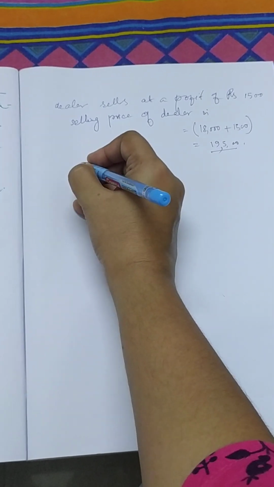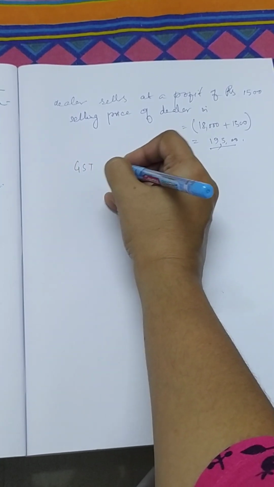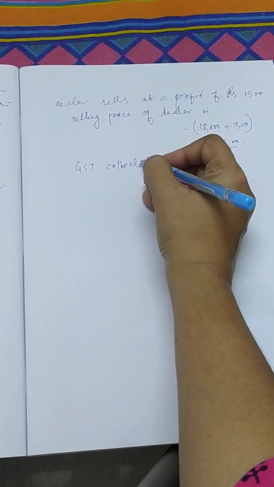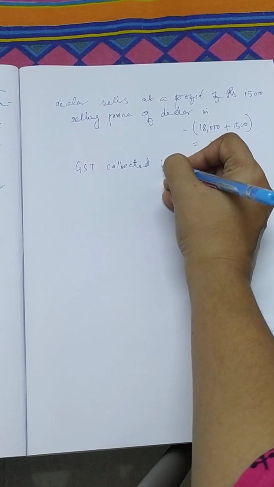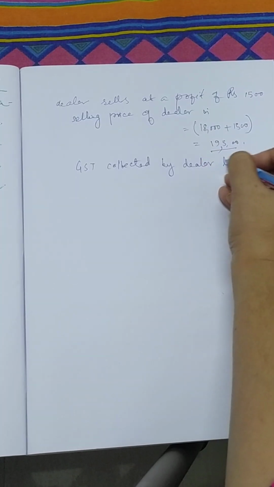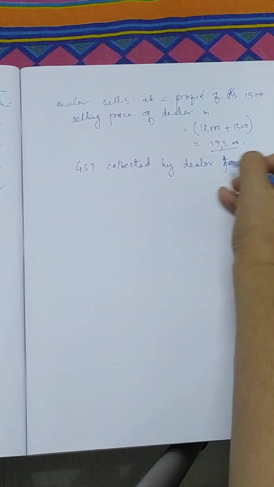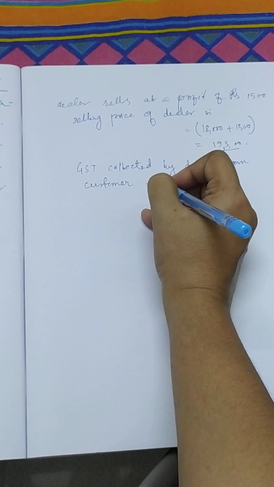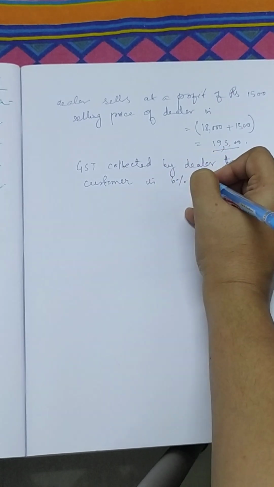Okay. Here again GST will be collected by the dealer from the customer. So the GST collected by the dealer from the customer is 6% of 19,500 rupees.